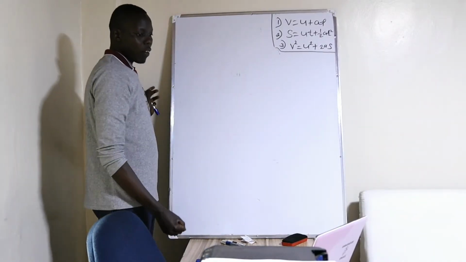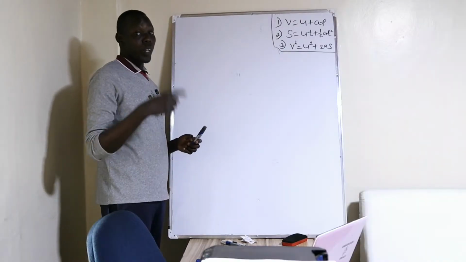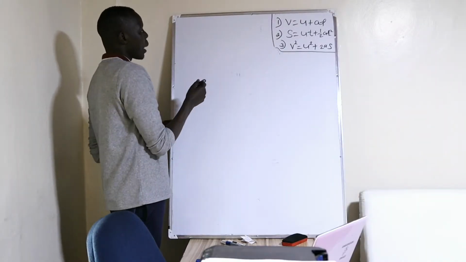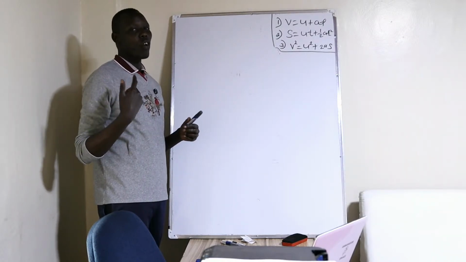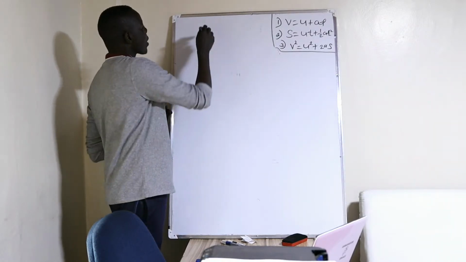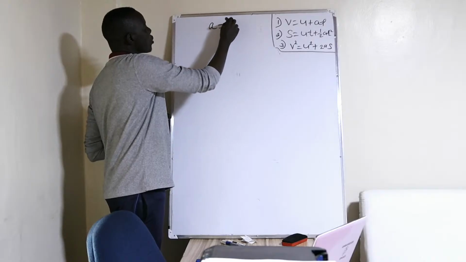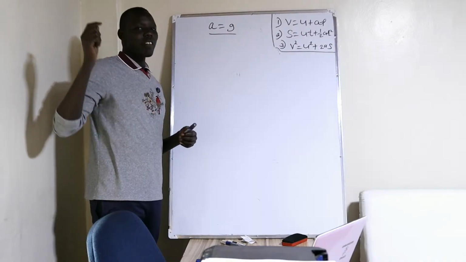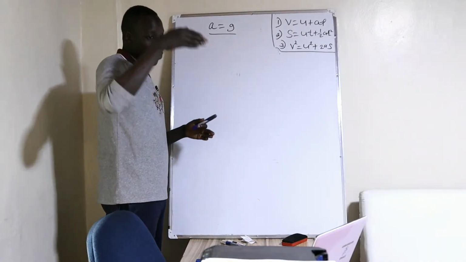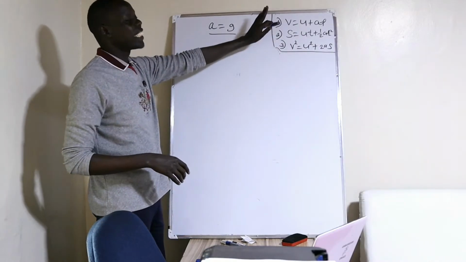In free fall, first of all, one thing that we need to start first of all is that in this case, the acceleration is provided by the force of gravity. So where we have A, we use G for a free fall. And because the gravity is working for the object to move very fast, then I'm not changing anything else.